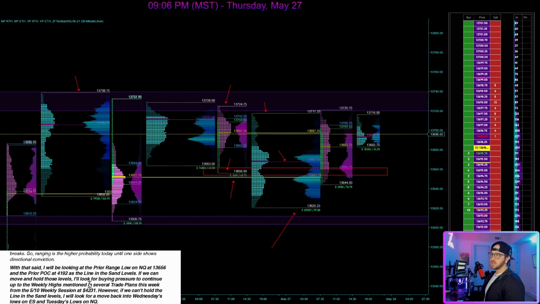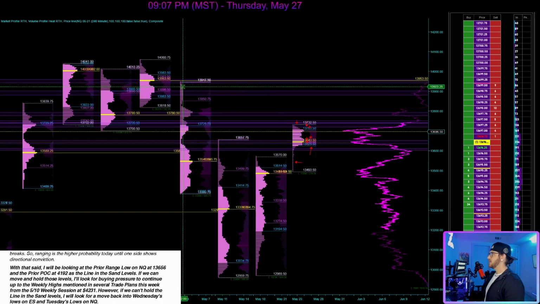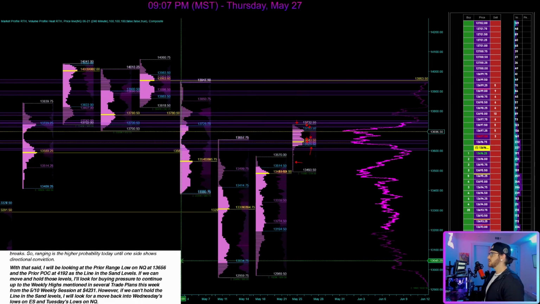So you can see that I was saying that I was going to look for buying pressure to continue up to the weekly highs mentioned in several trade plans this week from the 5-10 weekly session at 42.31, and that also matched up with these levels up here from the May 3rd weekly session on NQ at 13.947.